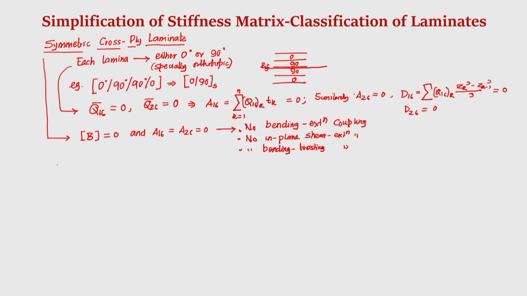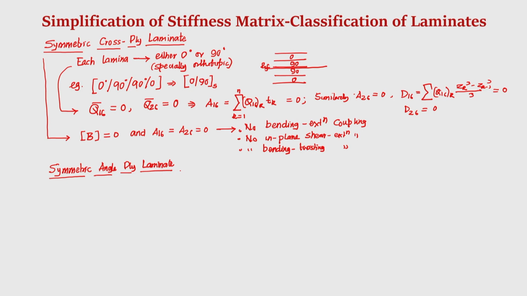Similarly, a laminate could be a symmetric angle ply laminate. An angle ply laminate actually has its adjacent plies oriented at plus theta and minus theta.